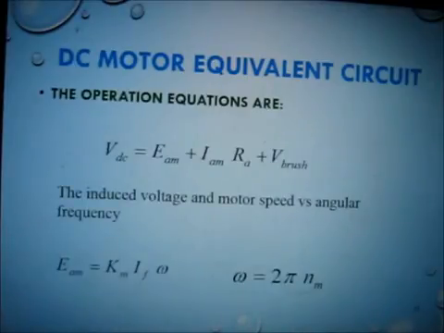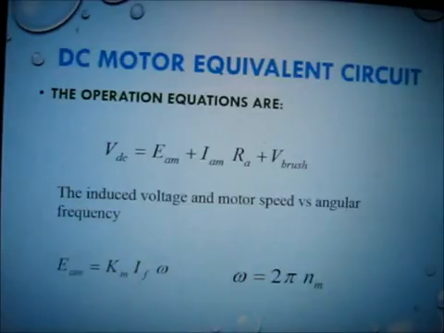Now in this equivalent circuit, we have the operational equations. The voltage VDC equals the induced EMF EM plus the net voltage across the resistors, that is I into RA, plus the voltage drop across the brushes, that is VB, the brush voltage.